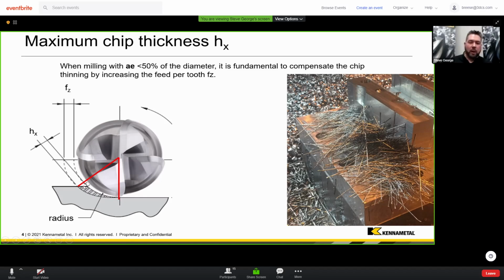But as my arc of engagement goes down with a lower radial depth of cut, you can see from simple geometry that the distance horizontally is exactly the same between those two curves, but the chip gets thinner and thinner and thinner. That's what we refer to as chip thinning. That is the big power here that we're going to use.